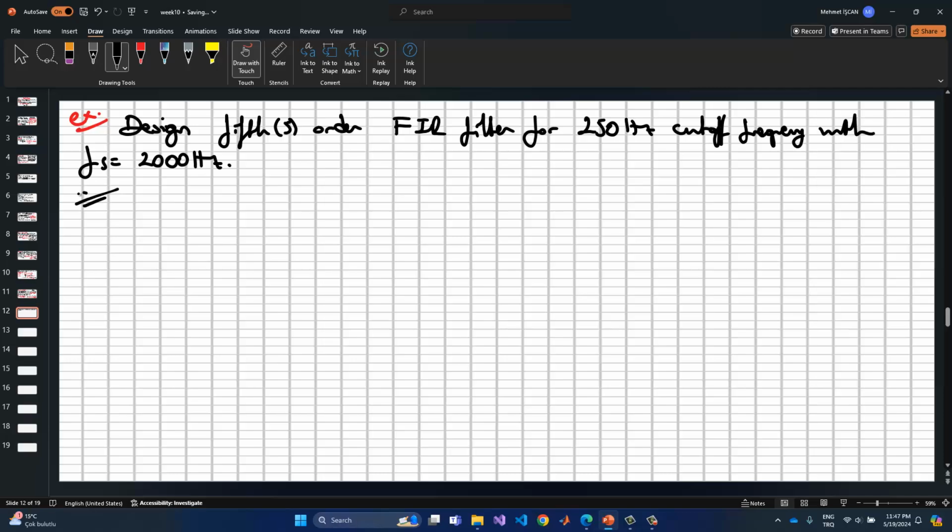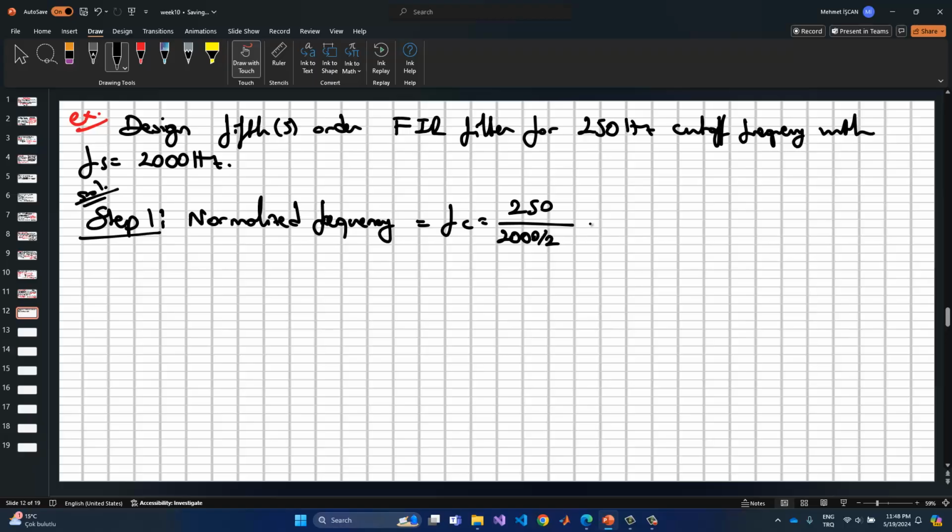And the solution. Firstly, in step 1, we need to find the normalized frequency, which equals fc, 250, divided by 2000 divided by 2, which equals 0.25.